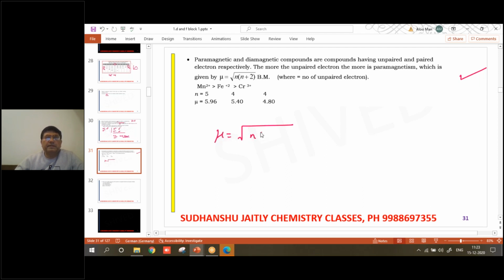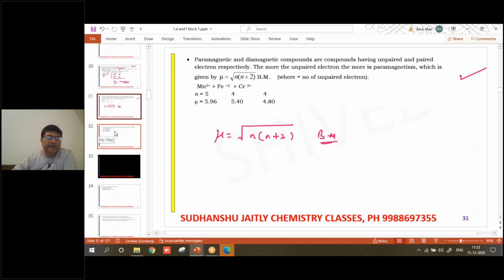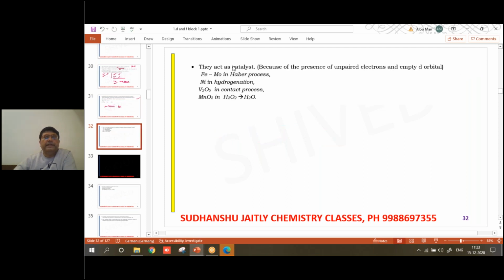Mu is under root n(n+2) Bohr magneton, many times the dipole moment, where n is the number of unpaired electrons. So we saved time here. They act as catalysts because of unpaired electrons and empty d orbitals.